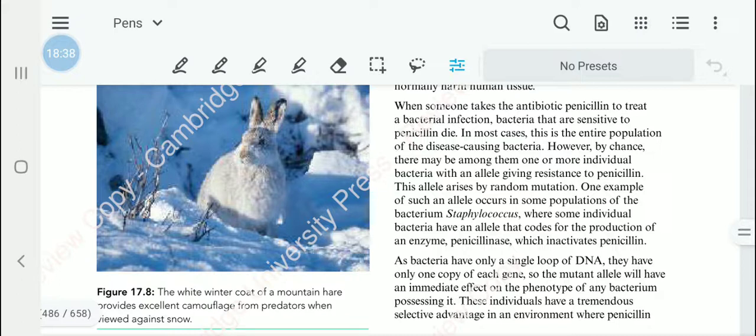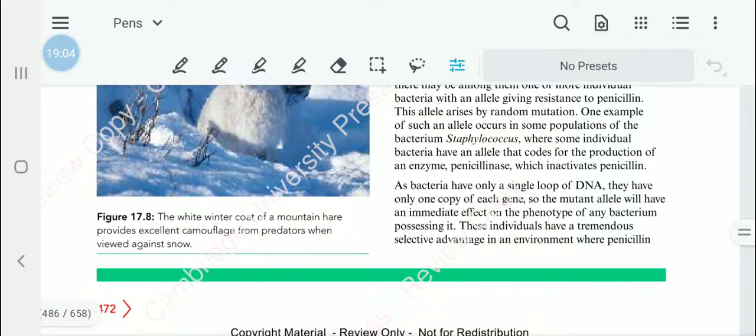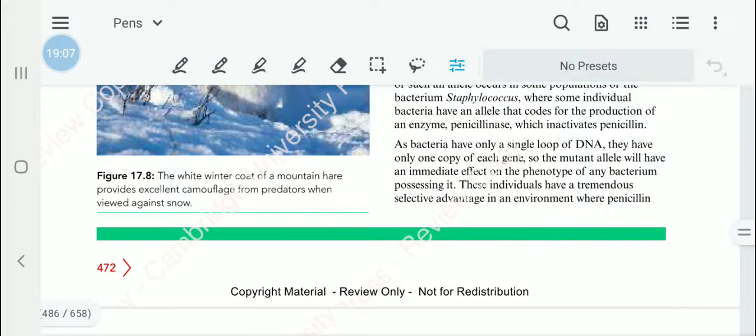Now, when you take the bacterium Staphylococcus, some individual bacteria have an allele that codes for the production of an enzyme, penicillinase, which inactivates penicillin. So as a result, we cannot destroy them using penicillin. Bacteria have only a single loop of DNA, so each gene has only one copy.